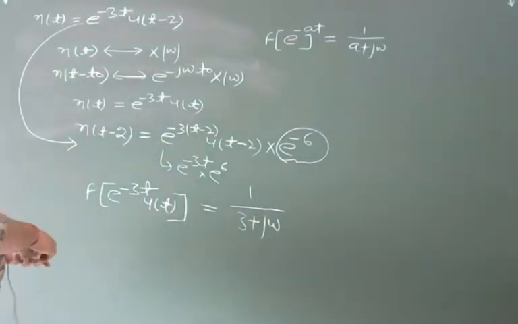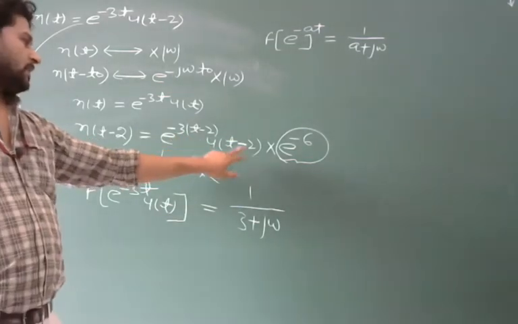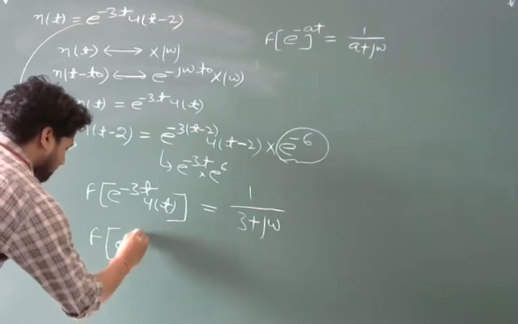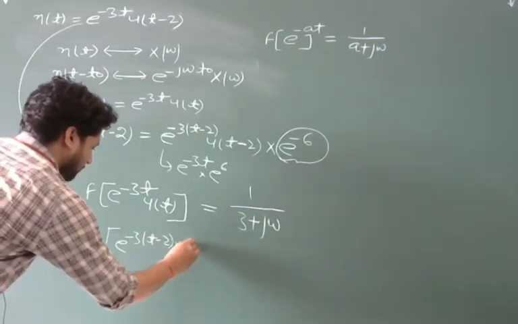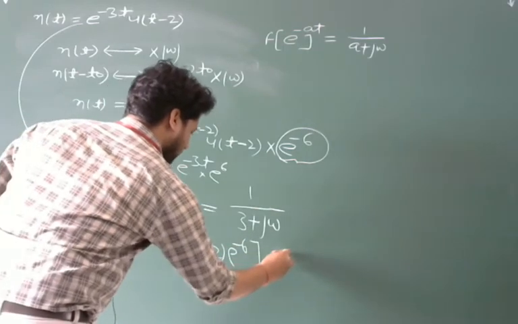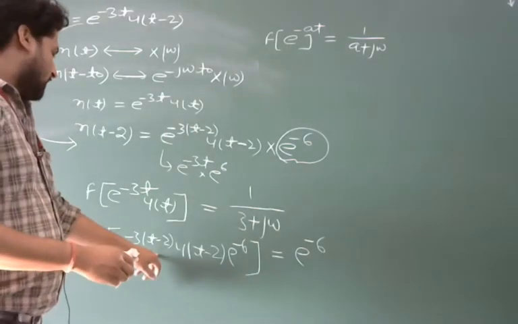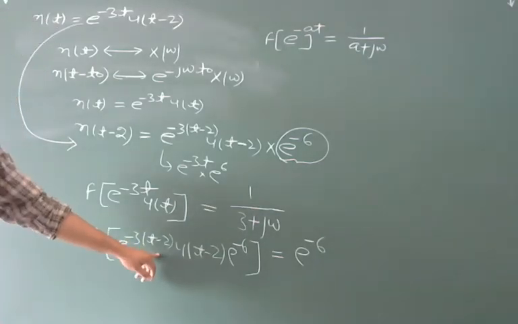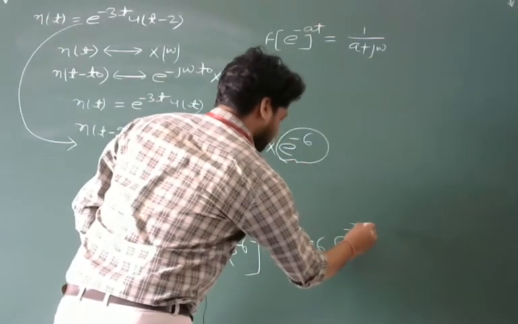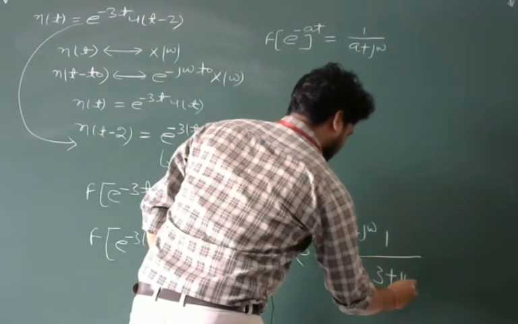And what we have to calculate is the Fourier transform of e^(-3(t-2)) u(t-2), meaning we have to use the shifting property. For e^(-3(t-2)) u(t-2) and e^(-6), the e^(-6) is a constant, it will remain as it is, and because the signal is shifted by 2 units to the right, we have to multiply by e^(-2j omega) into 1 upon 3 plus j omega.